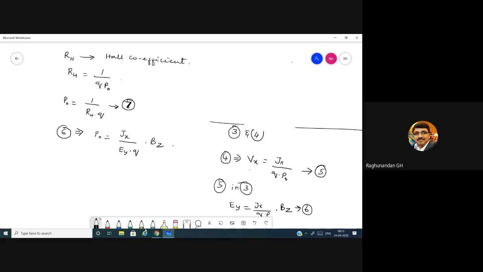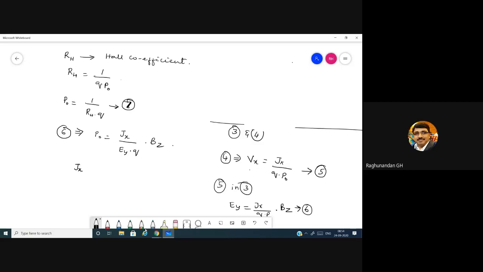Now P naught is equal to Jx by Ey into Q into Bz. This is what we have obtained. But from our initial basic equation for current density, what does the current density tell? What is the basic definition of current density? Electric field into conductivity is the final one we are obtaining.